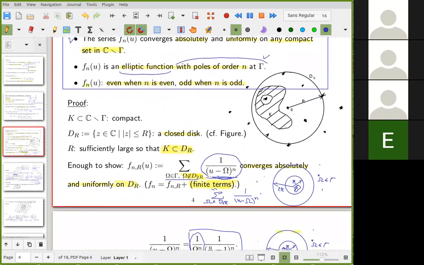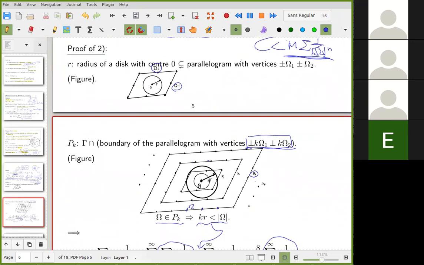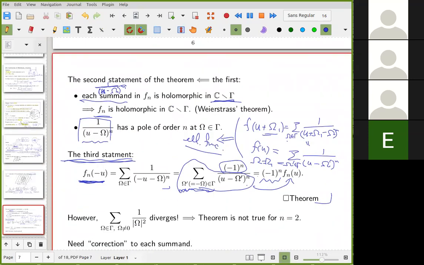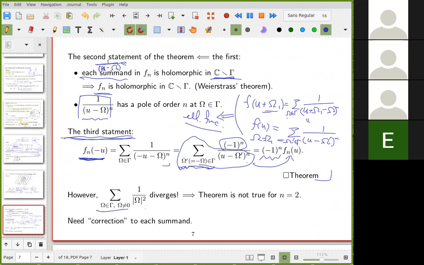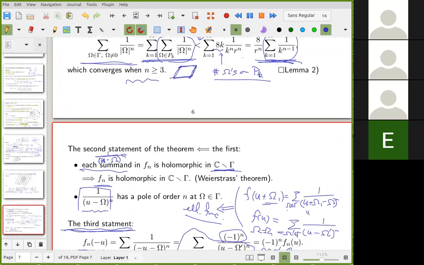We cannot construct the elliptic function with double poles only because this series diverges this way. What should we do?